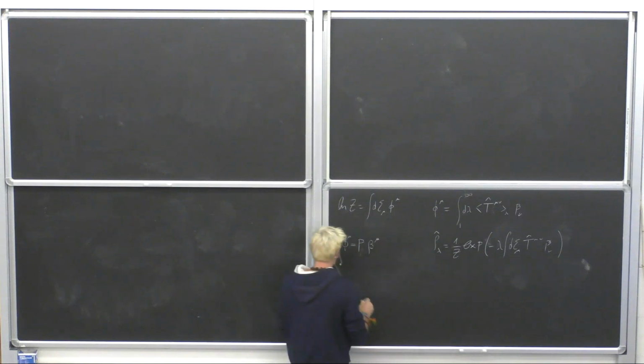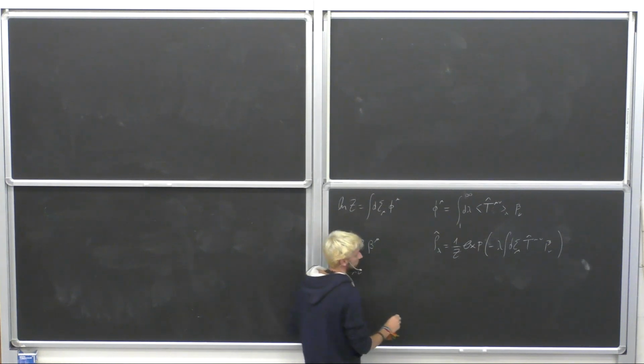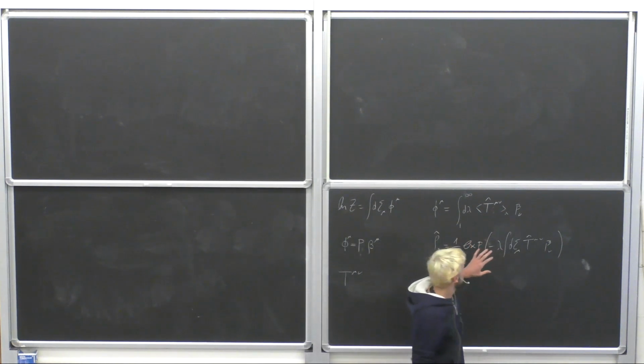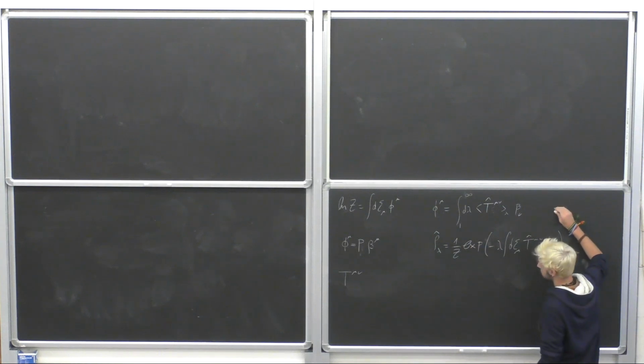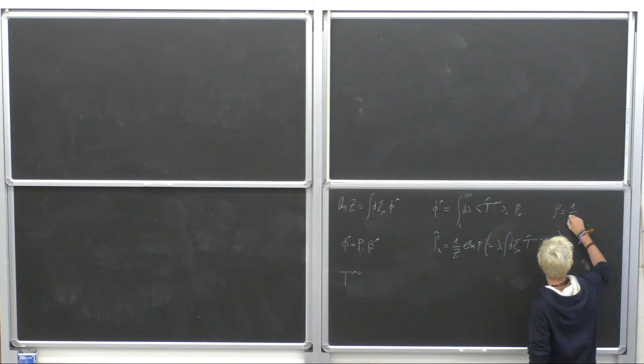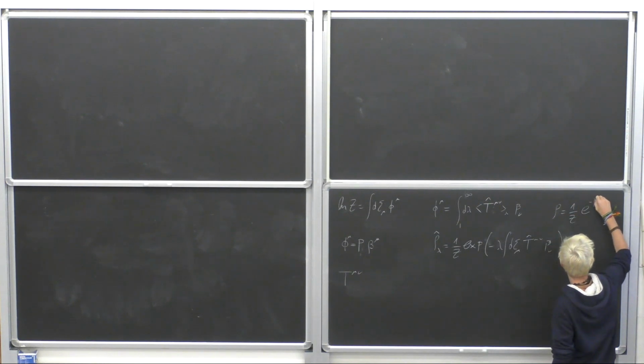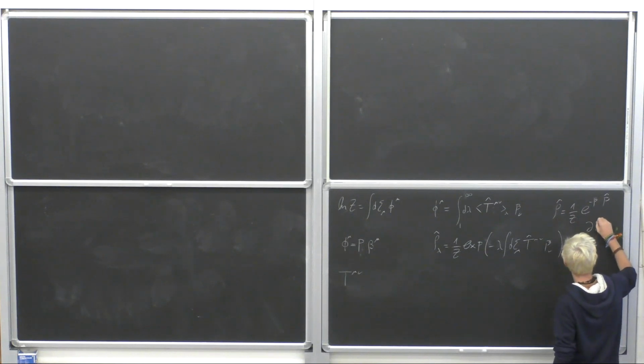And also we will use a result we discussed in the other lecture. In particular, now we will be interested in the case of global equilibrium with homogeneous temperature. So in fact our density operator is 1 over Z e to the minus beta dot P, where beta is a constant.